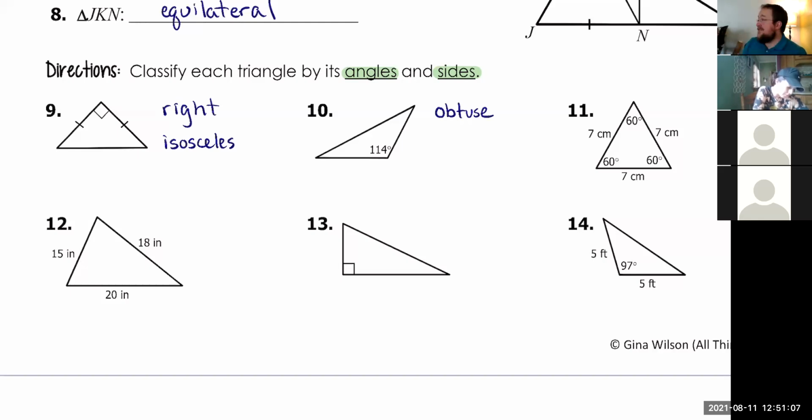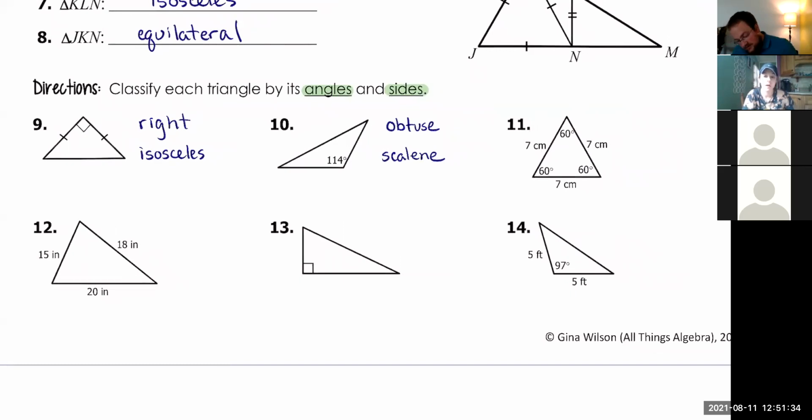Scalene. We have to say scalene, and here's the reason why. It looks like it might be isosceles, but can we go by looks alone? No. We either need to have something clearly stated or some sort of visual representation on the diagram itself. So unfortunately, there's not enough information to say that it is isosceles, so we have to go scalene.